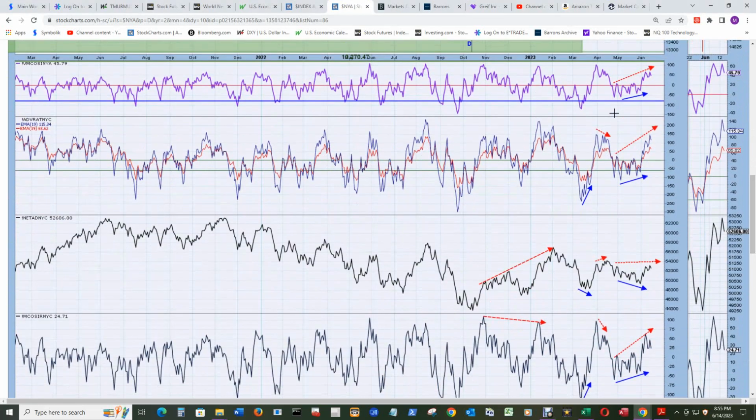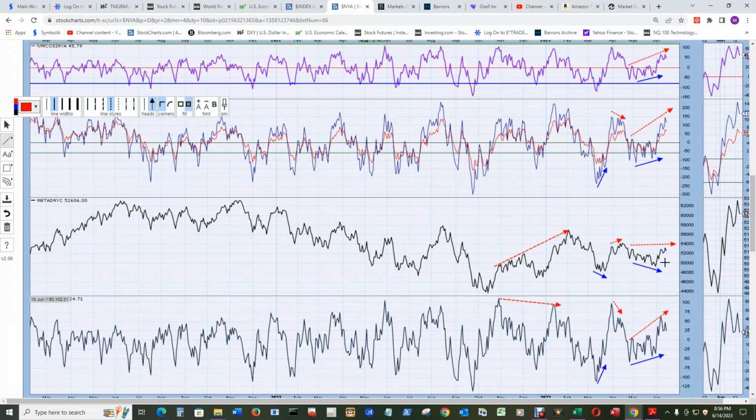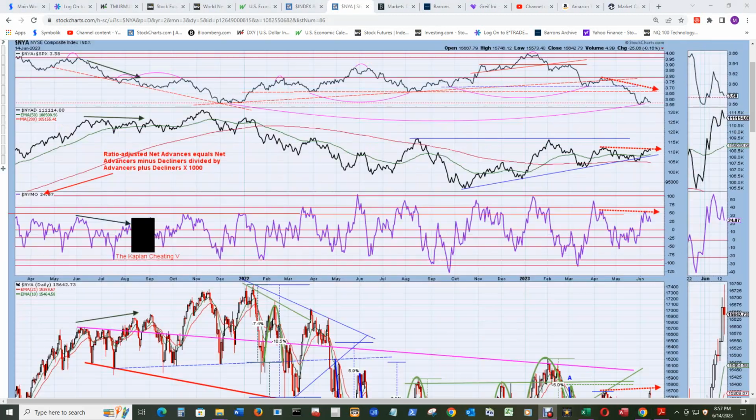Then the ratio adjusted McClellan volume oscillator in dashed red is pointed up, and the stocks only volume AD line is now pointed up, and the AD line itself for the NYSE is pointed up, and the stocks only AD line has an upwards trajectory, and the ratio adjusted McClellan breadth oscillator for the NYSE is pointed up also. So that divergence has been rectified.